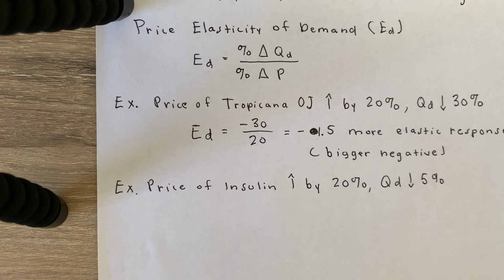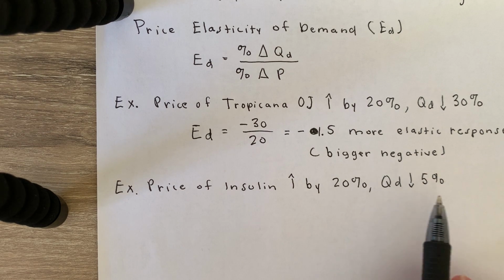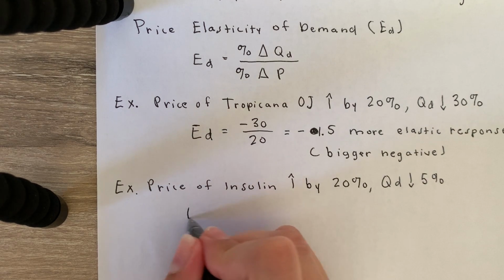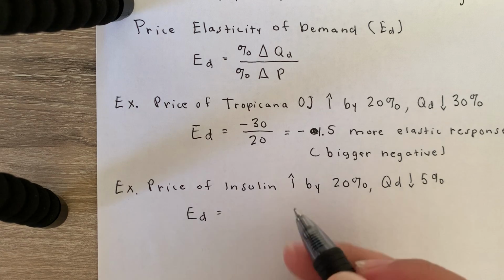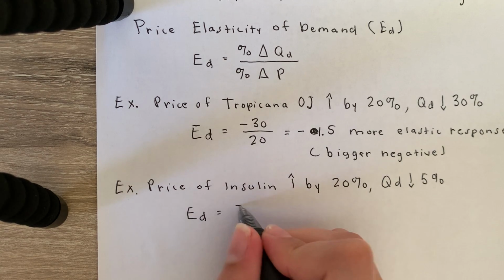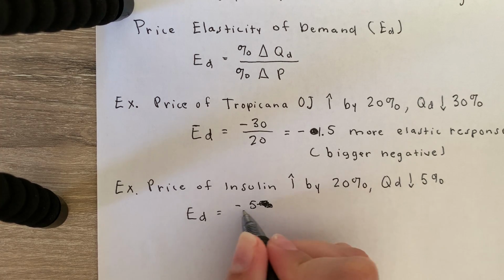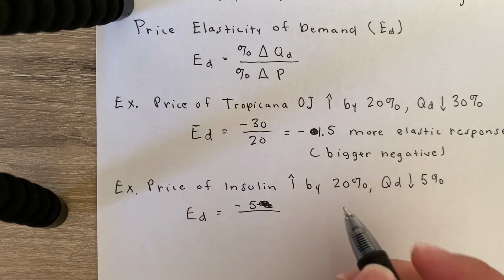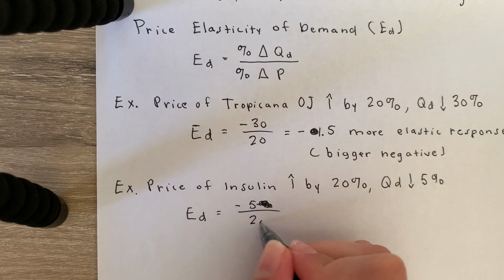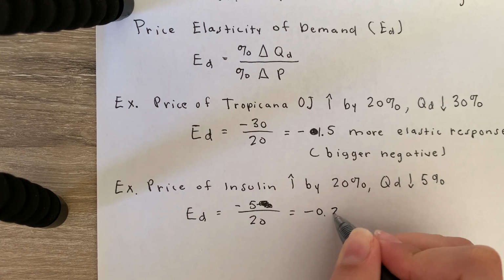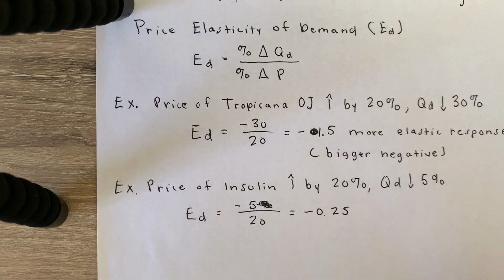Because insulin is needed for people with diabetes, even if the price increases, there's not going to be a big decrease in the quantity demanded because people need it. So we can do the same thing and calculate our ED: a decrease in quantity demanded of 5%, actually I'll leave the percent out to match what I did above, and then an increase in price of 20. This gives me negative 0.25 for my price elasticity of demand.